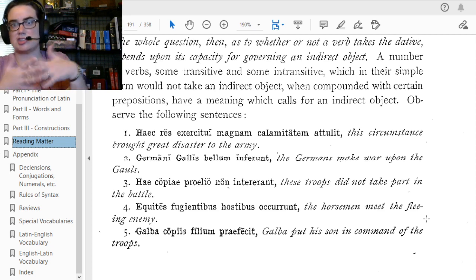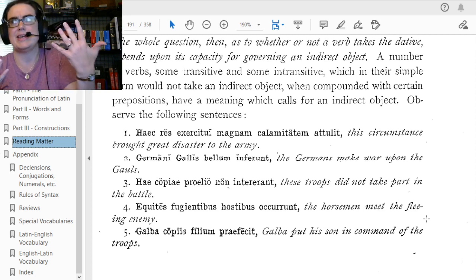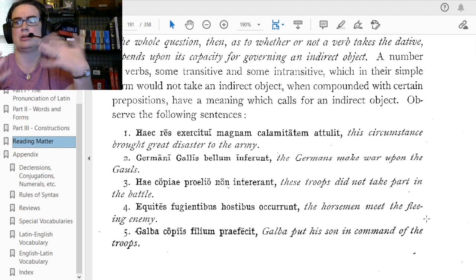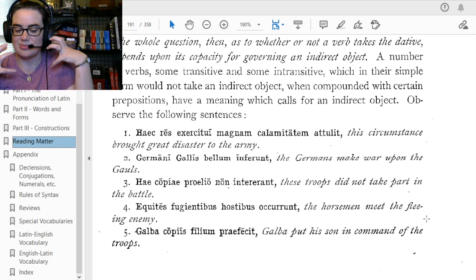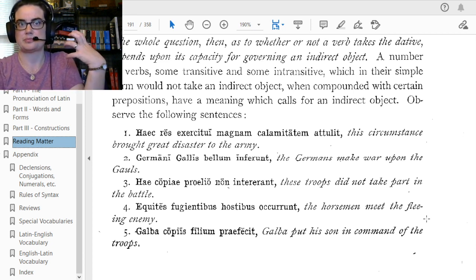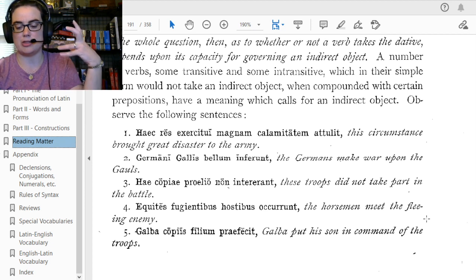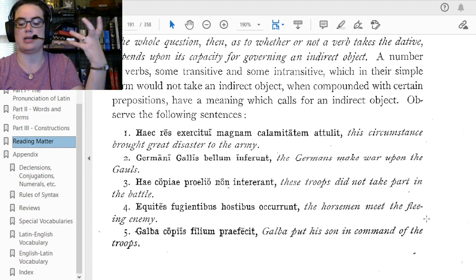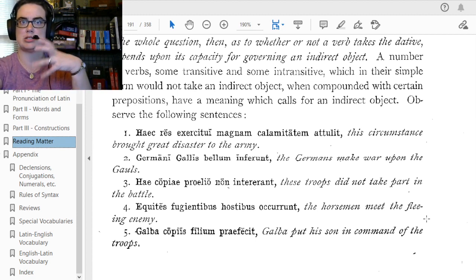The verb curro, to run, could not take a direct object. You can't run. You can run a mile, but that's not the actual direct object. You run on the road, right? There's no direct action that these intransitive verbs do. So because of that, the Romans are like, well, this wouldn't take an accusative object, so it's taking the dative. Because you're running to meet with the fleeing enemy.